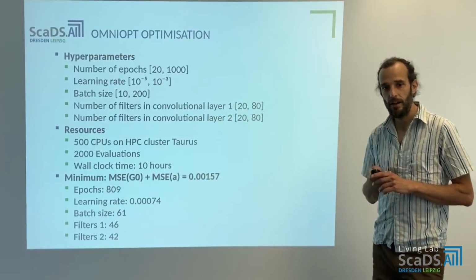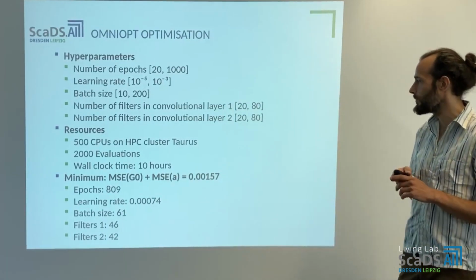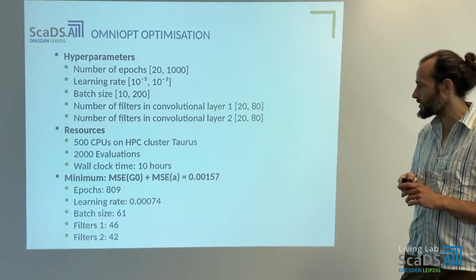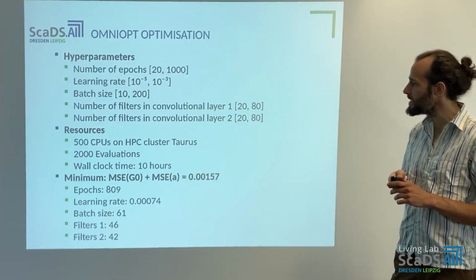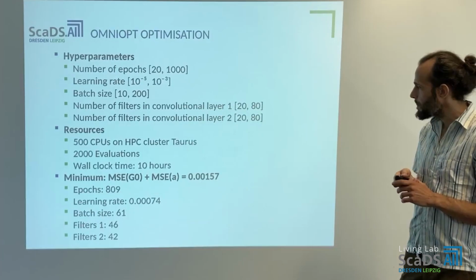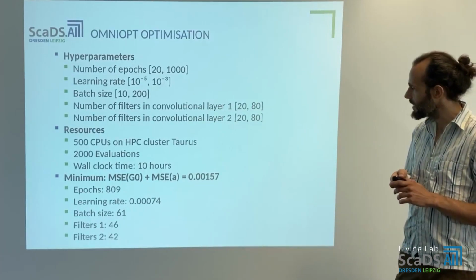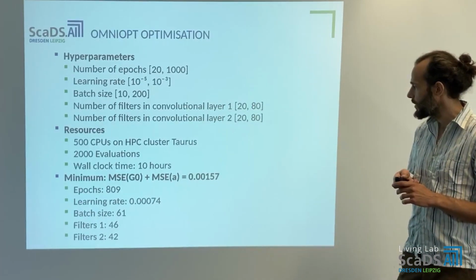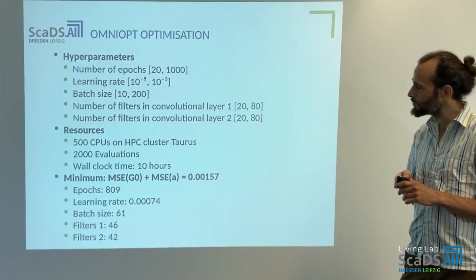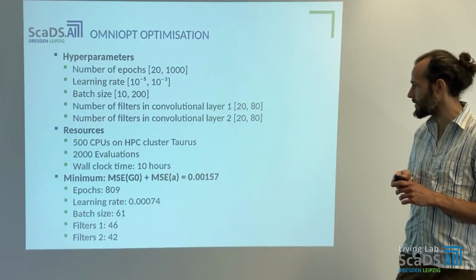And the objective function was the sum of the mean square errors of both parameters. So the minimum we got was at 1.5 times 10 to the power of -3, which is quite an acceptable value.